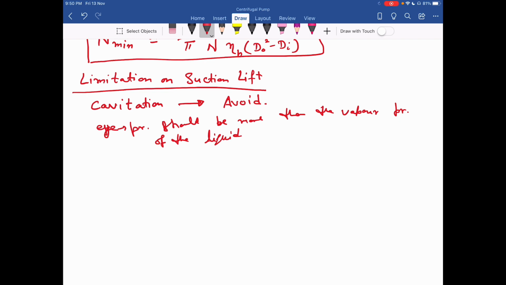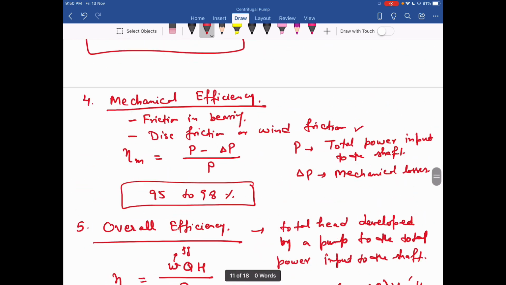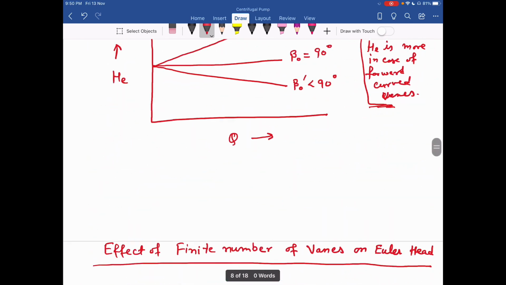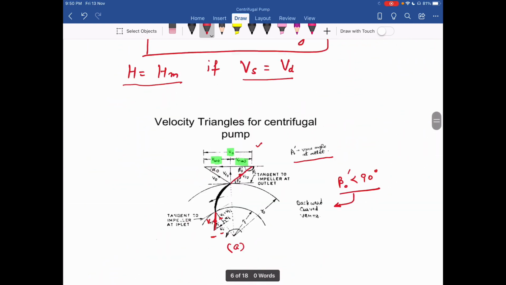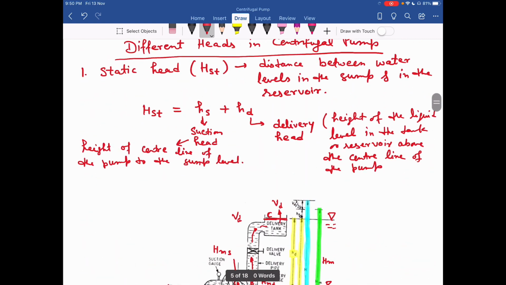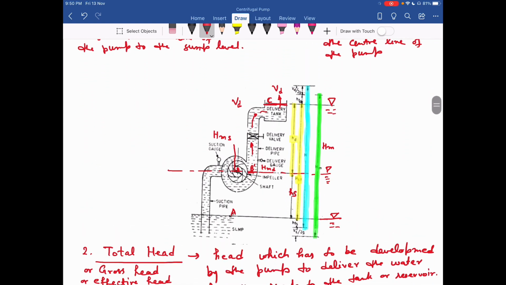Now, if we try to apply Bernoulli's theorem, see this diagram, at section B and section A. B is on the eye side of the impeller and A is at the sump level.